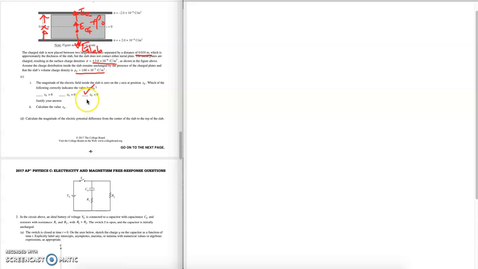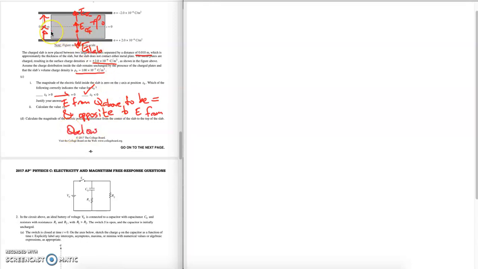And this is because we need E from Q above to be equal and opposite to E from Q below.